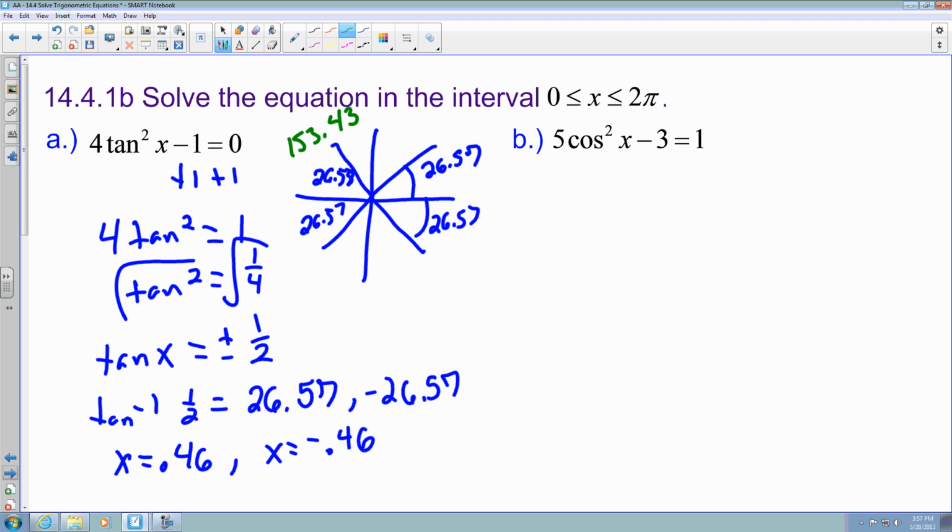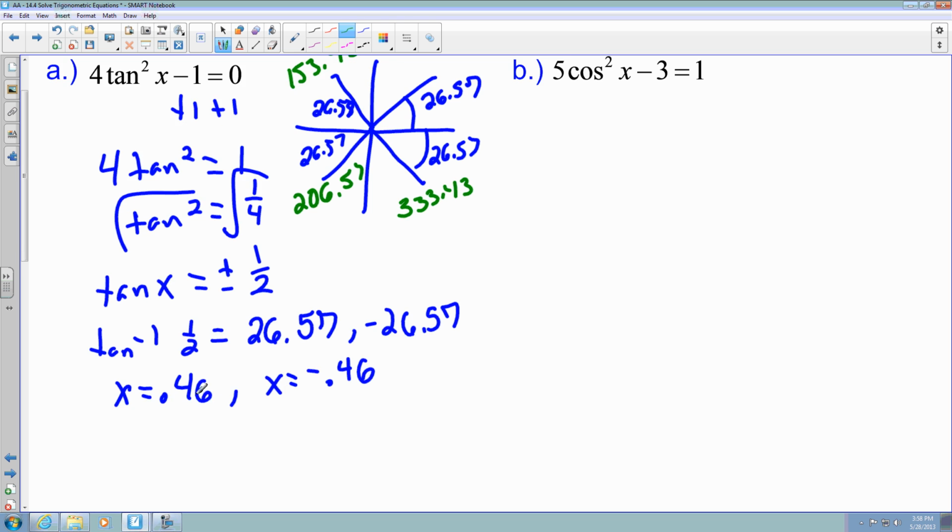To get the one in quadrant 3, I take 180 and add 26.57, which leaves me with 206.57. And then the last one, I take 360 and subtract 26.57, which leaves me with 333.43 degrees.